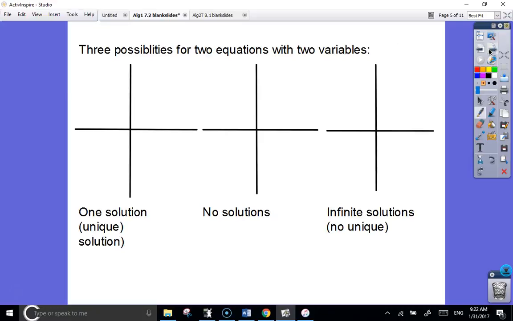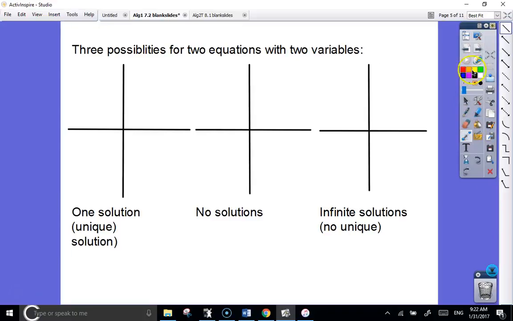Three possibilities. What are the three possibilities for a system? If it's one solution, what it means is that the lines have different slopes.